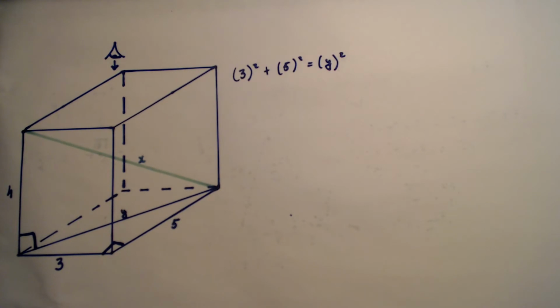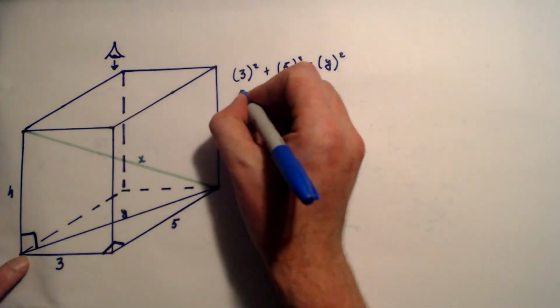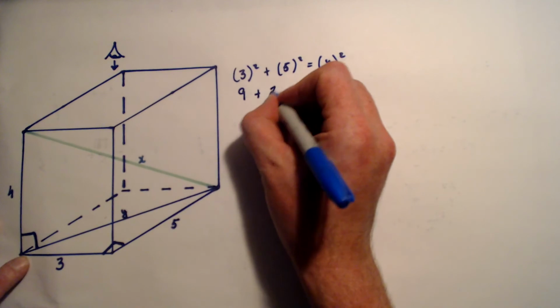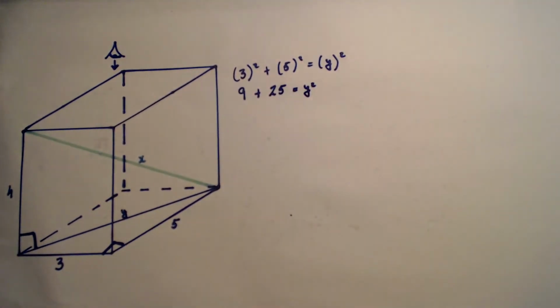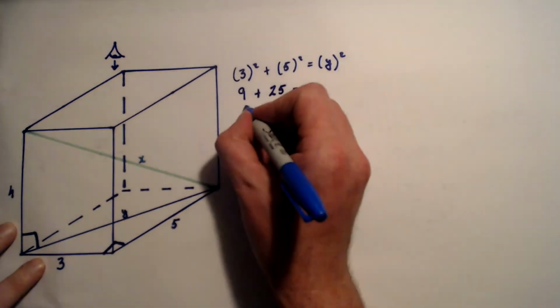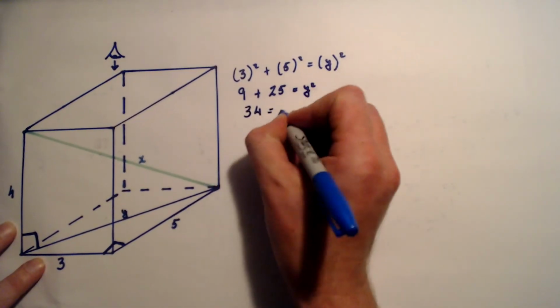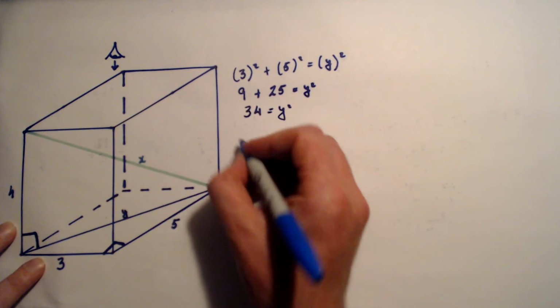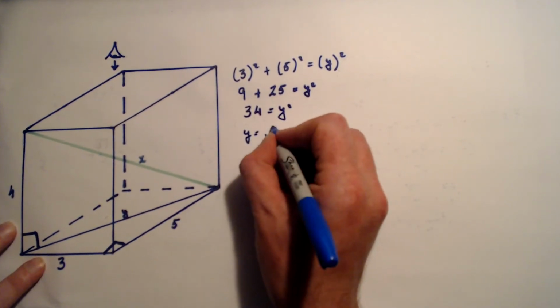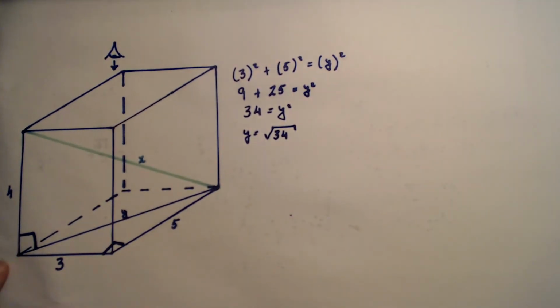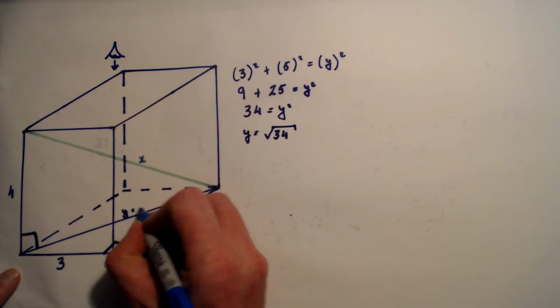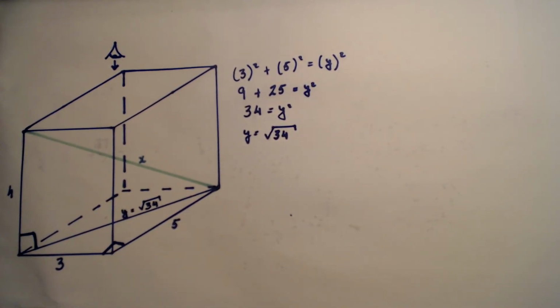That's what the Pythagorean theorem tells me. I can now solve this. 9 plus 25 is 34, so 34 is equal to y squared, and therefore y is equal to the square root of 34. So this value here is the square root of 34.